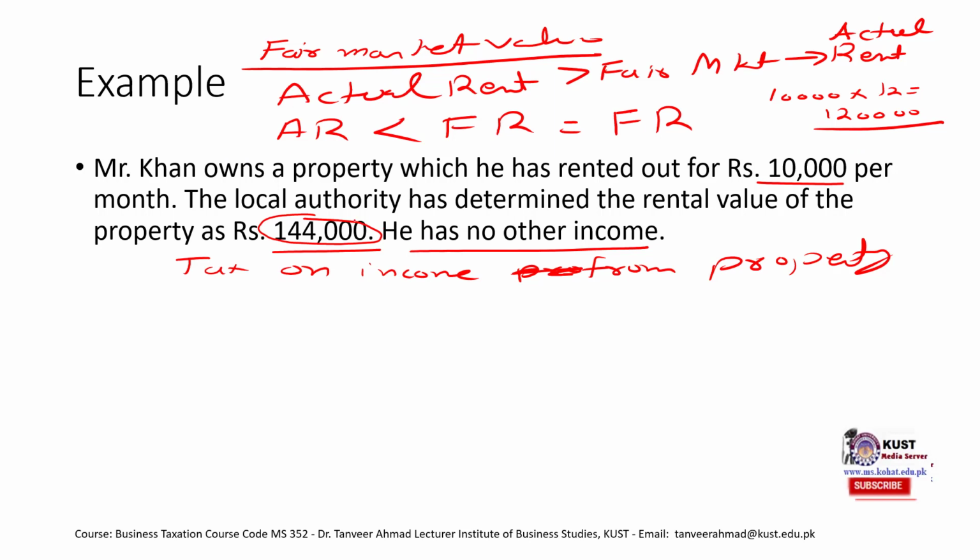So this is what we would consider as rent rather than this, because some people, to evade taxes, to save taxes, can say that they are receiving a lesser rent, but actually they might have been receiving a higher rent. So for that, tax authorities use a fair rent procedure.